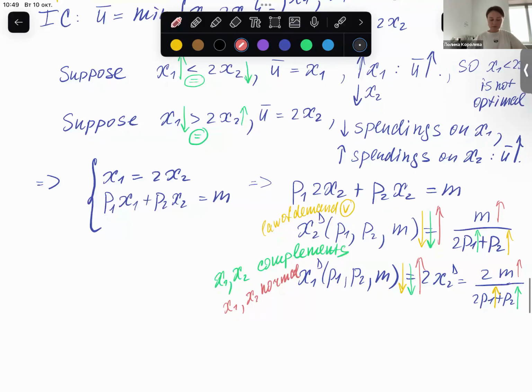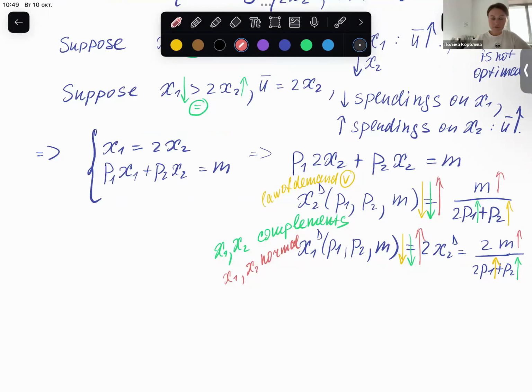And this is the answer for our utility maximization program when we consider perfect complements. So today, we considered almost all situations. We did not consider quasi-linear preferences, but you can read about them in the textbook that is presented on the last slide of each lecture.